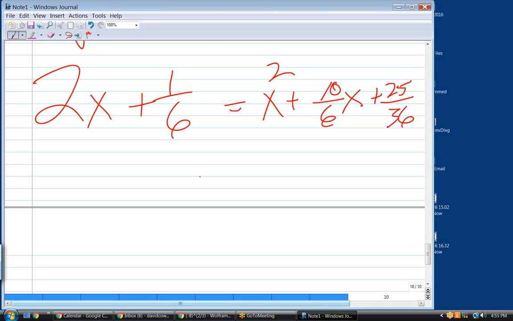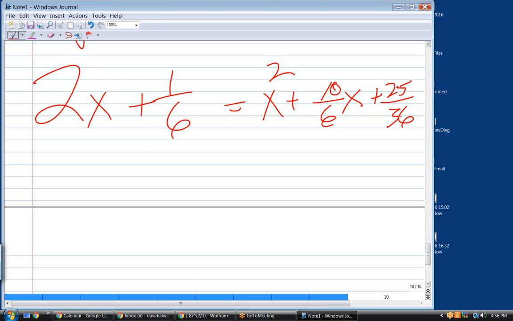Now, this is made a little more complicated by these fractions. So what's a good first step to get rid of all denominators in one step? Multiply it all by 6. Not by 6. That won't get rid of this 36. Multiply everything by 36.